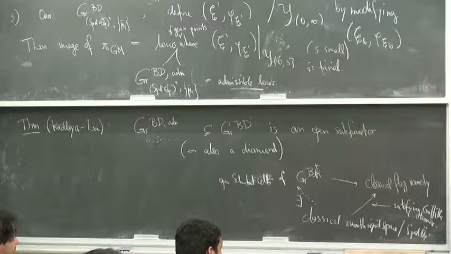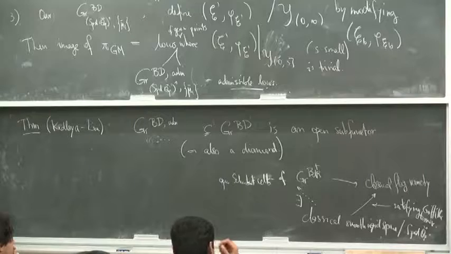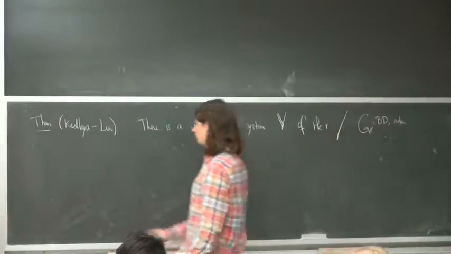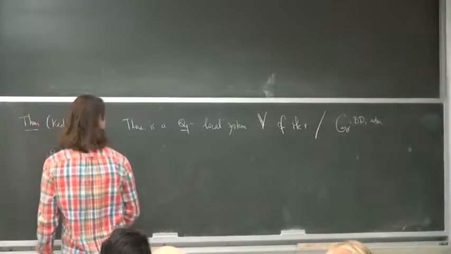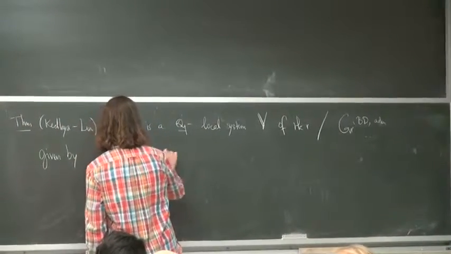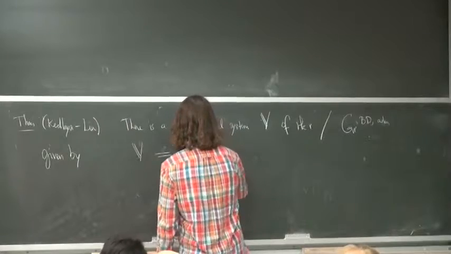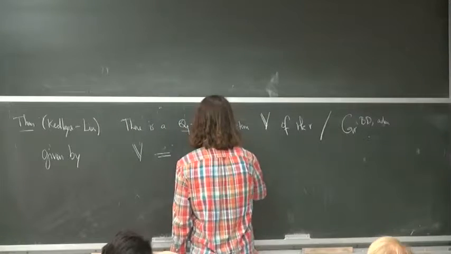Let's call this script V, boldface V of rank r over this admissible locus, which is given by the phi-invariant sections of this E prime near the boundary.